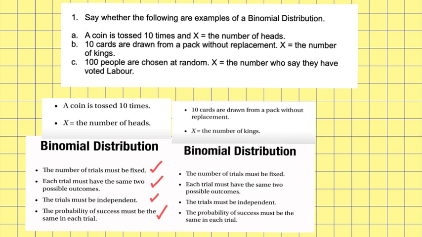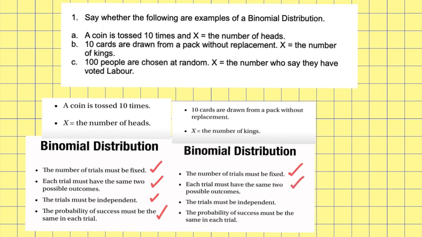The second scenario, 10 cards are drawn from a pack without replacement. X is equal to the number of kings. Well, let's have a look at each of the parameters. The number of trials is fixed. Well, yes, the number of trials is fixed. There are 10 of them. Each trial must have the same two possible outcomes. Well, yes, they do.